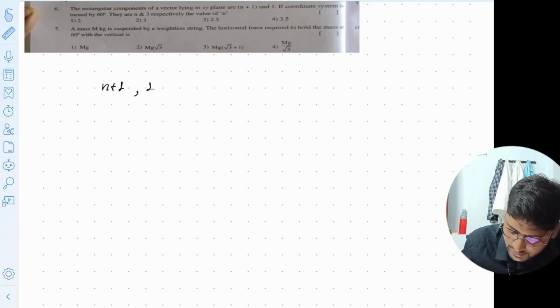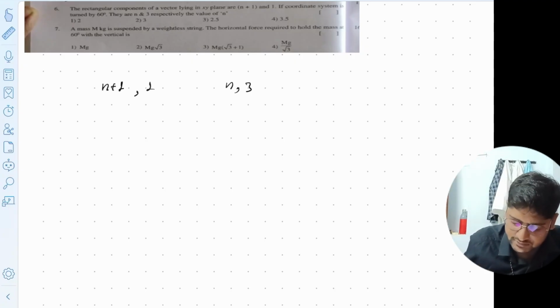Whether the coordinate system got changed, the magnitude of the vector will be the same because the vector did not change. So in the first condition the components are n plus 1 comma 1, and the second time the components are n comma 3, as given.